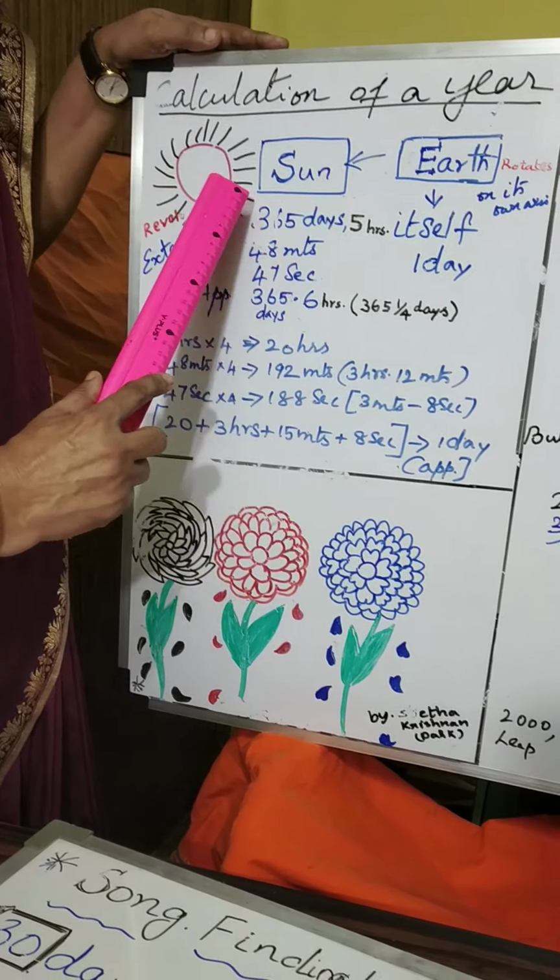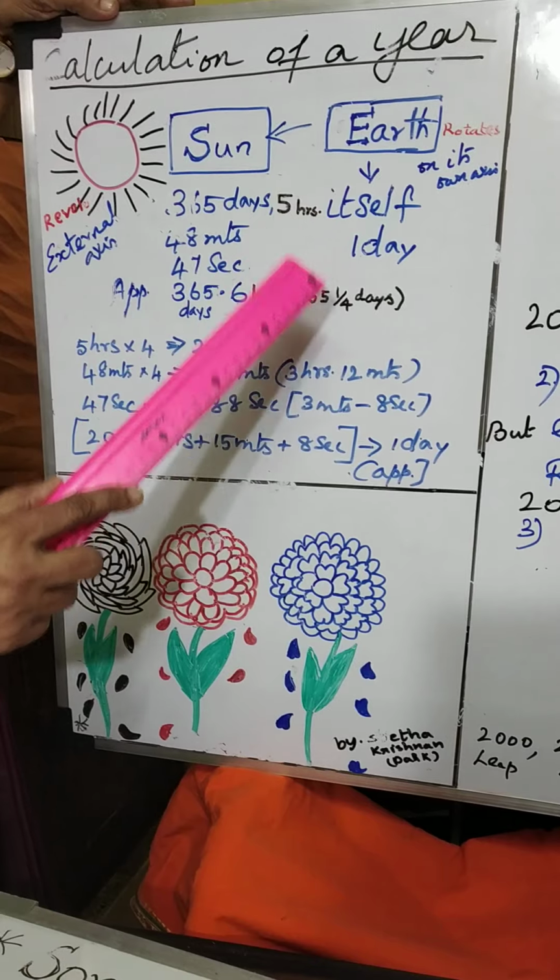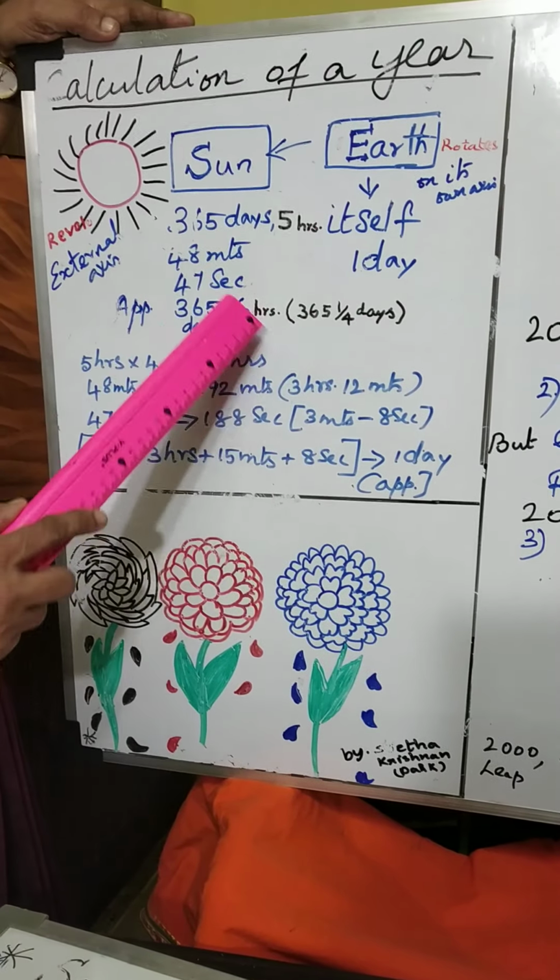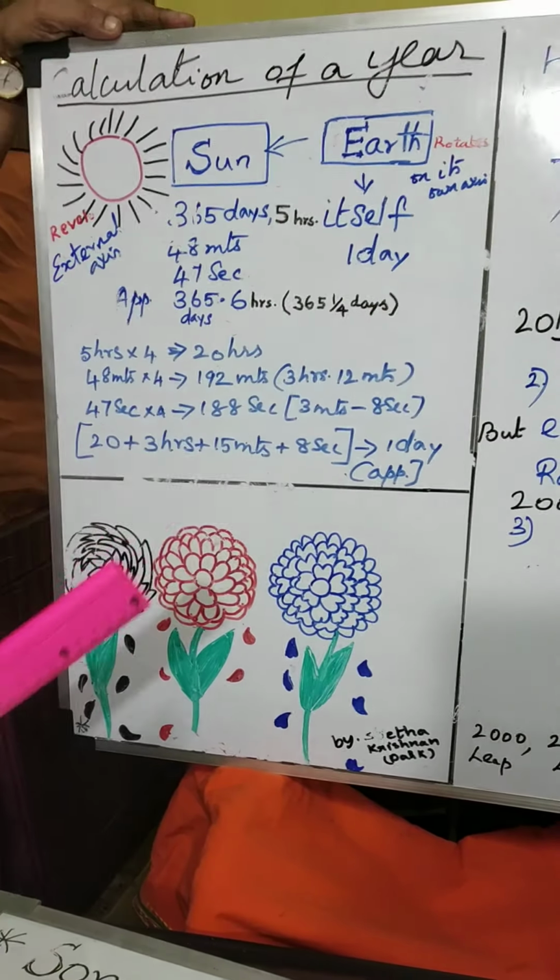That is 365 and a quarter days. This 6 hours is an extra thing once in 4 years. So once in 4 years, 4 into 6 is 24 hours. The 24 hours make a day. That is why in some years we have 366 days. That is called a leap year.